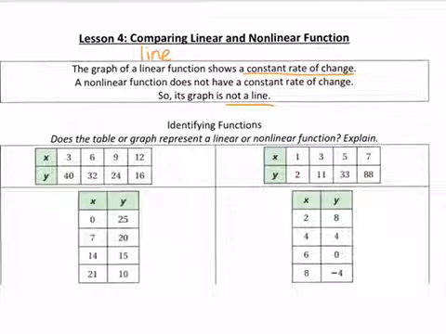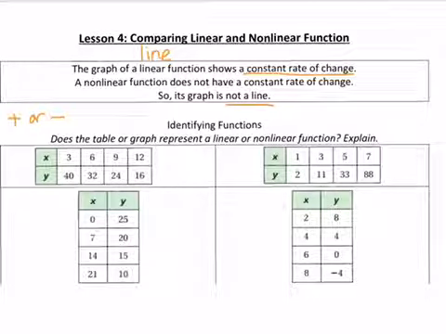So we're going to identify these different functions through different ways. First, we're going to look at the tables, and we're going to see if they represent the graph of a linear or nonlinear function. If it is linear, then it's going to add or subtract by the same amount.